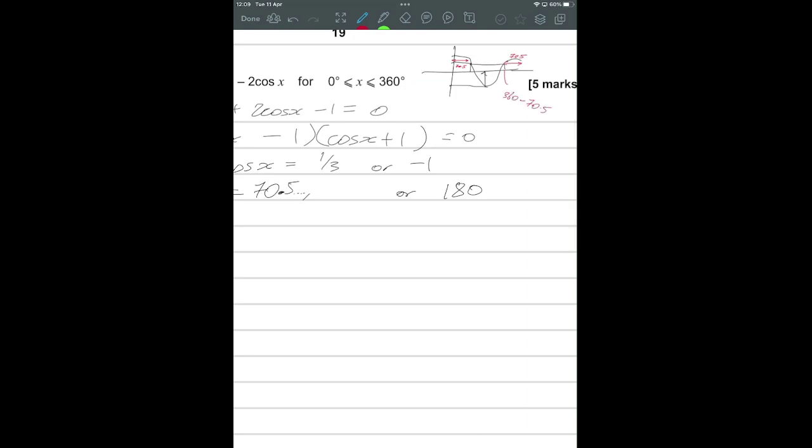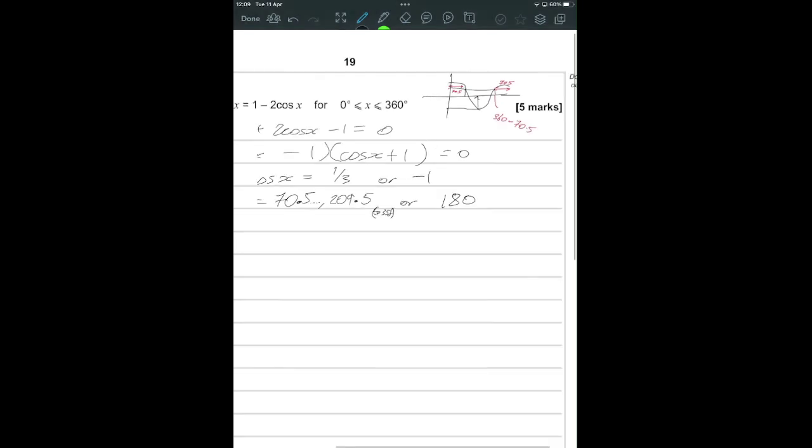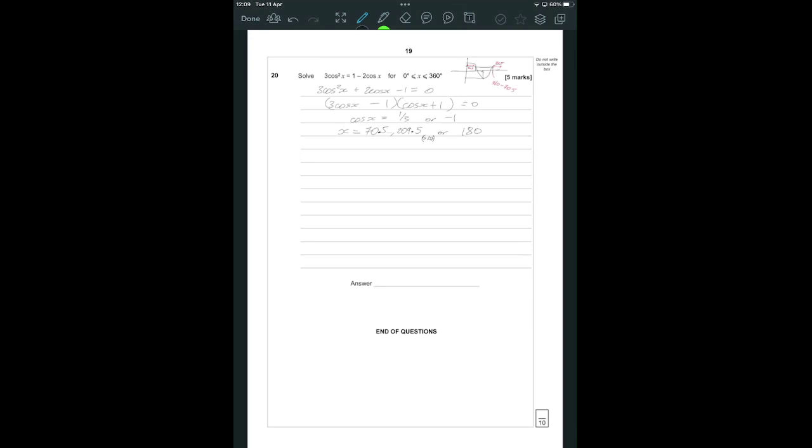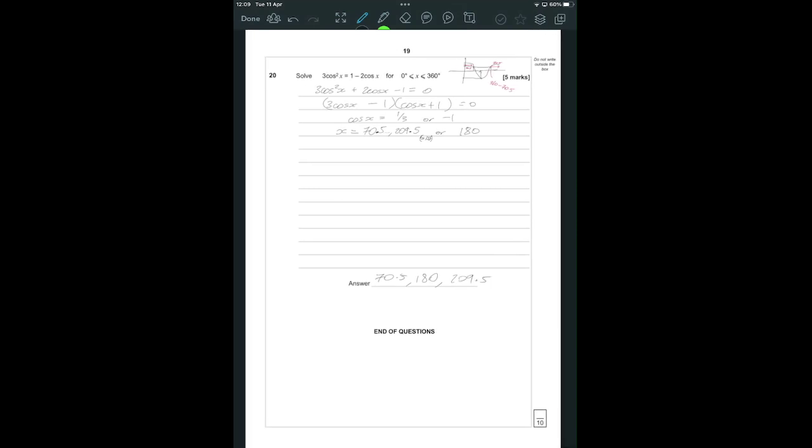So 360 minus answer gives me my other solution of 209.5. And I have pre-rounded those to 3 significant figures. That's your standard rounding level. So it turned out that there were 3 answers. I'll put them on the answer line, and we are done.